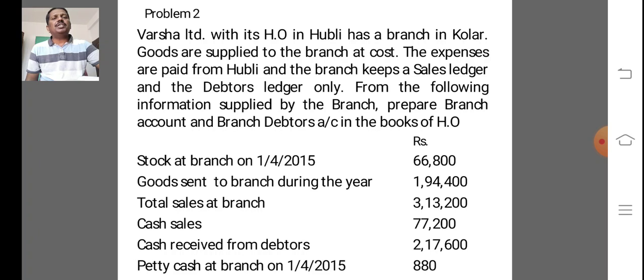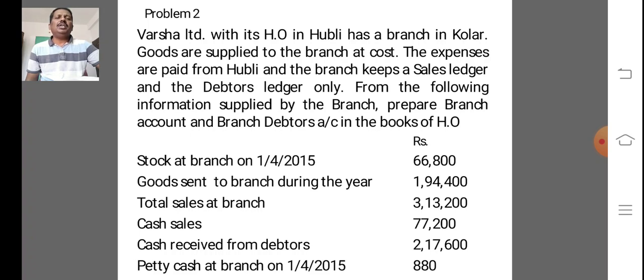So stock at branch 1/4/2015 66,800. Goods sent to branch during the year 1,94,400. Total sales at branch 3,13,200. Cash sales 77,200. Cash received from debtors 2,17,600.